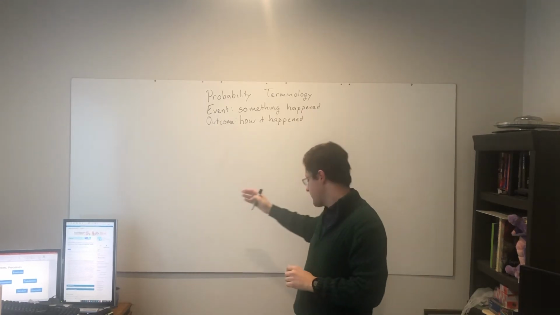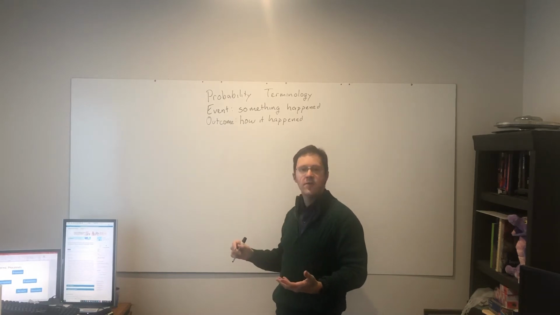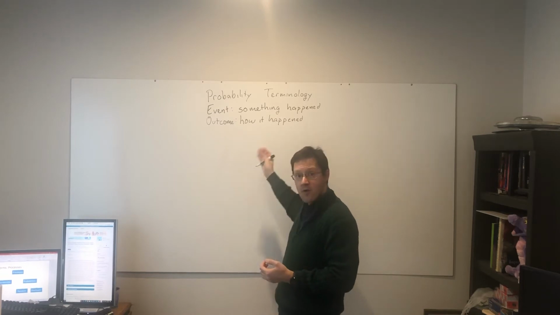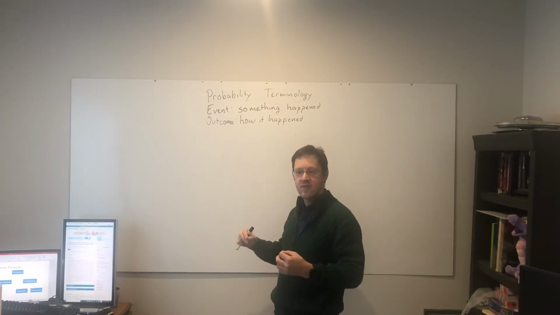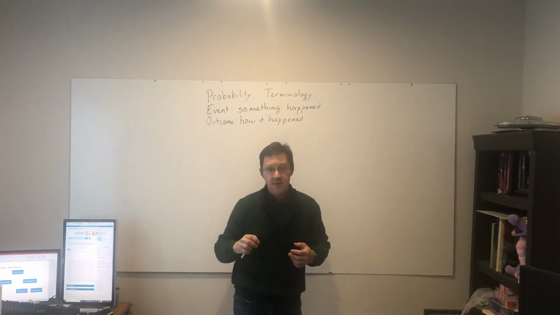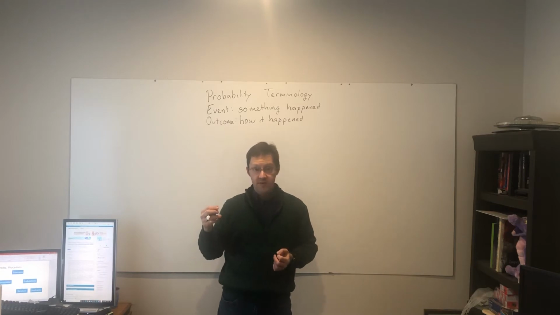We can think very simply, an event is anything that happens. Something happened, that's an event. How it took place, how it happened, is the outcome. I've used polling as a previous example.